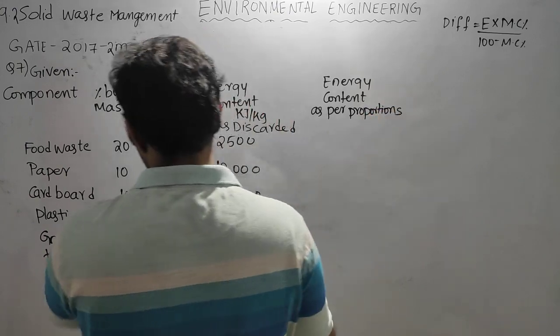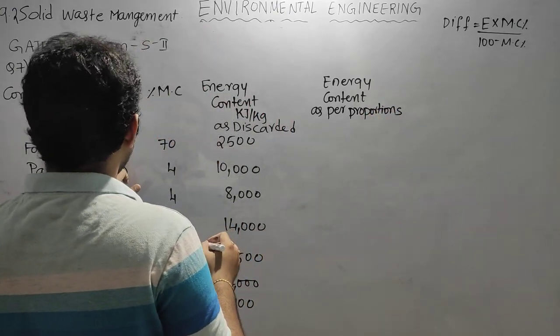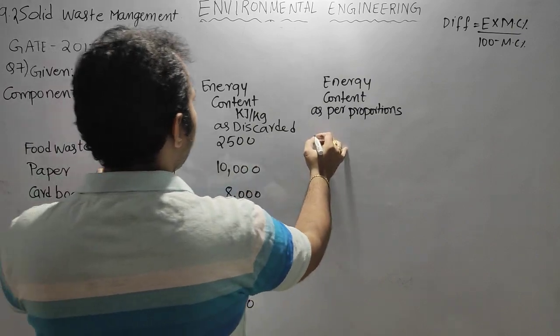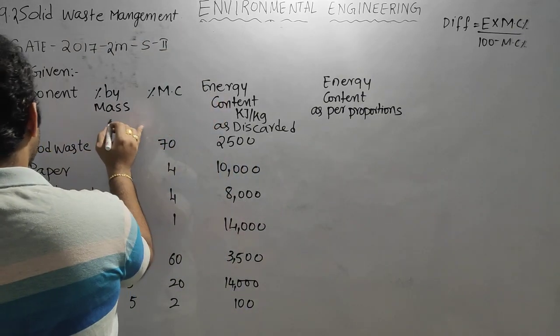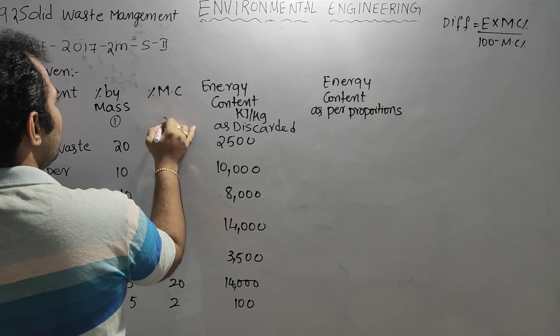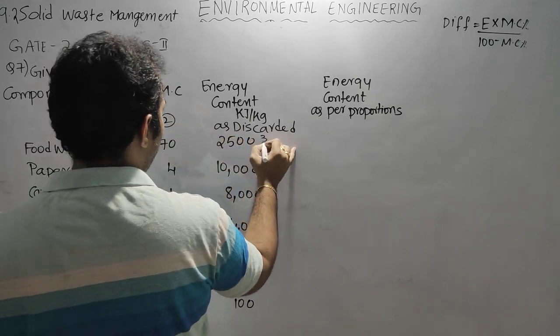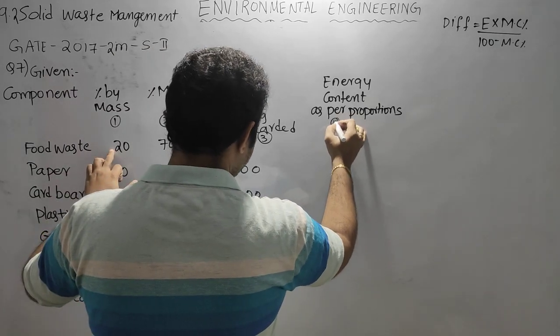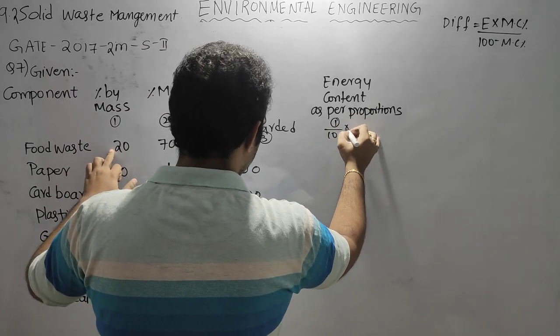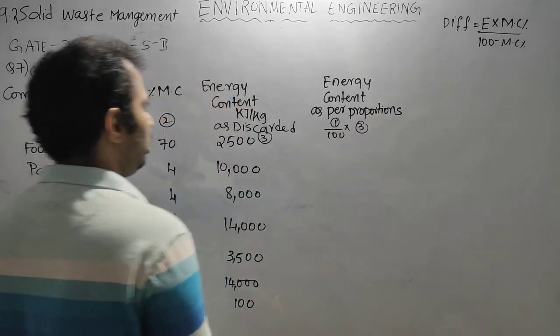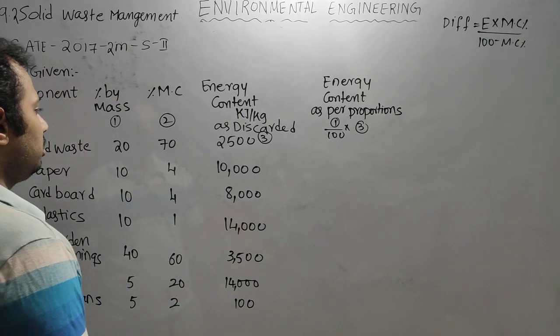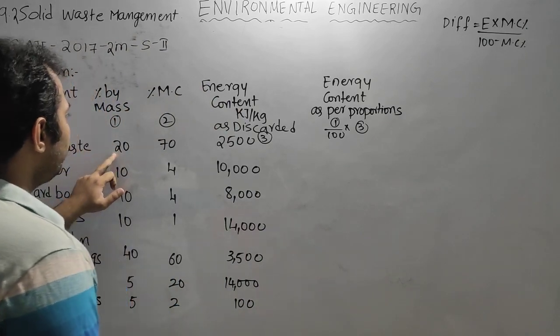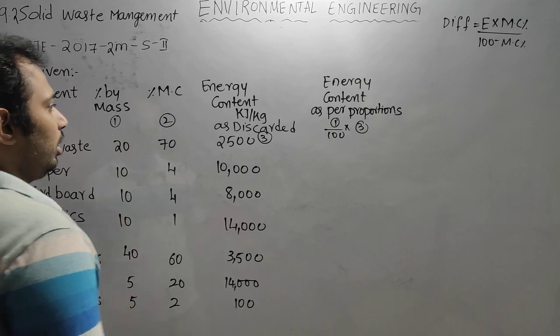Here the proportion is 20%, so 0.2. Let us take the numbering 1, 2 and 3. I name it as column 1, 2, 3. So column 1 by 100 into column 3. So this is the energy content as per proportion. So 20 by 100 into 2500, that is 500.